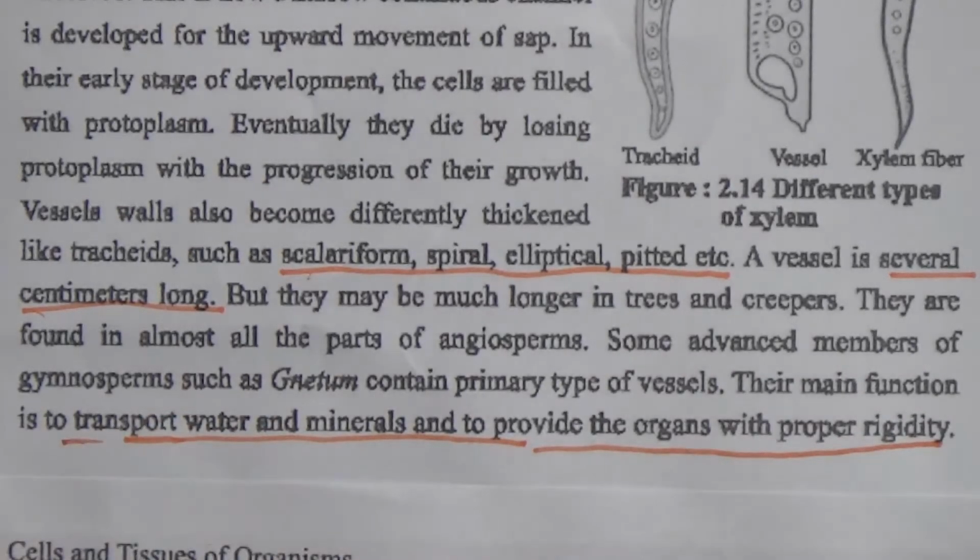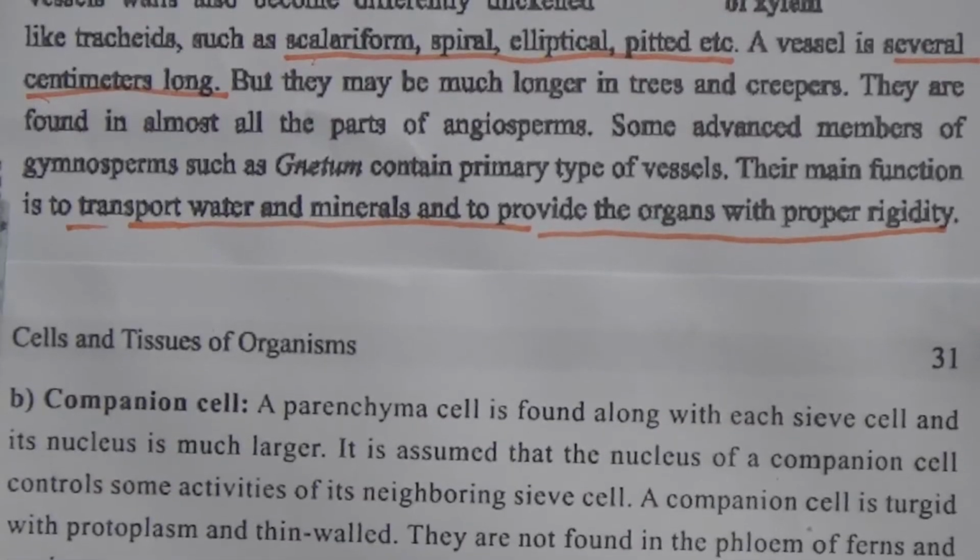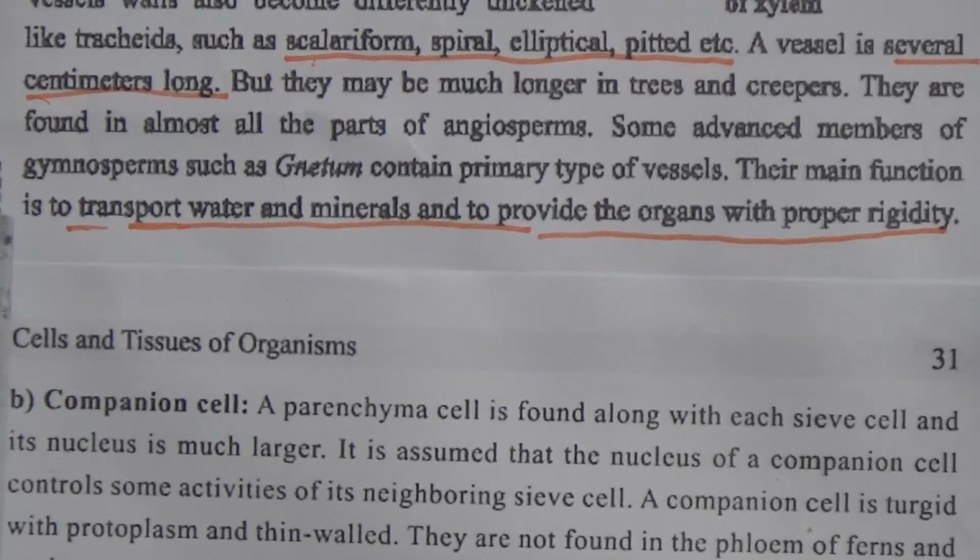Dear students, for the 4 types of xylem you can write the common function, that is transport of water and minerals. That means in tracheid, vessel, xylem parenchyma and xylem fiber, all 4 types of xylem have the common work of transporting water and minerals.